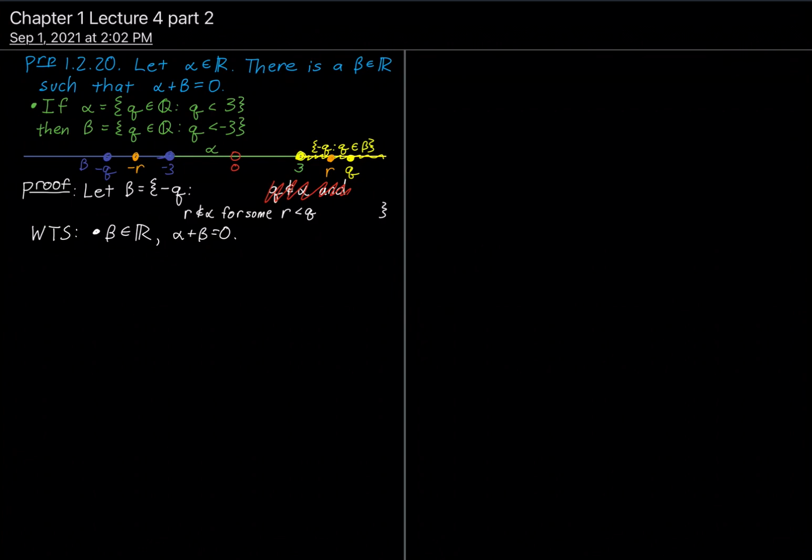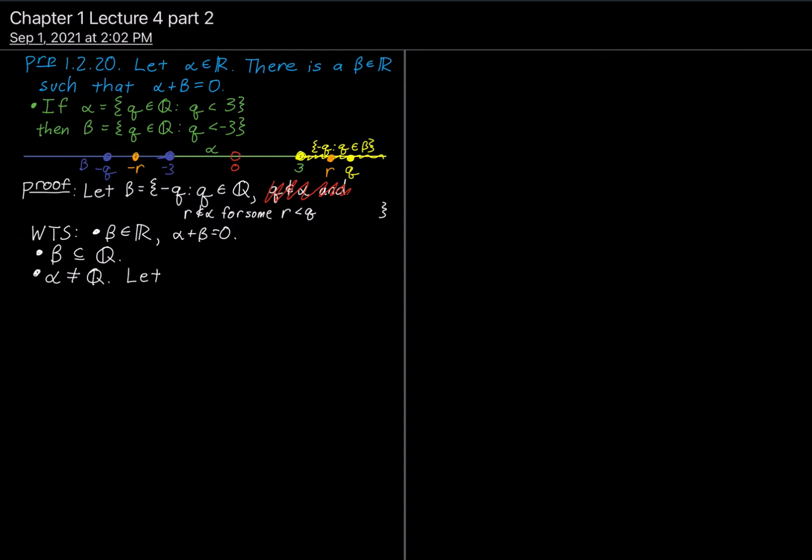conditions of a cut. I guess we would need to specify that Q is indeed a rational number. But if we remember to specify that beta is a subset of the rational numbers, let's see, alpha is not equal to all the rational numbers.